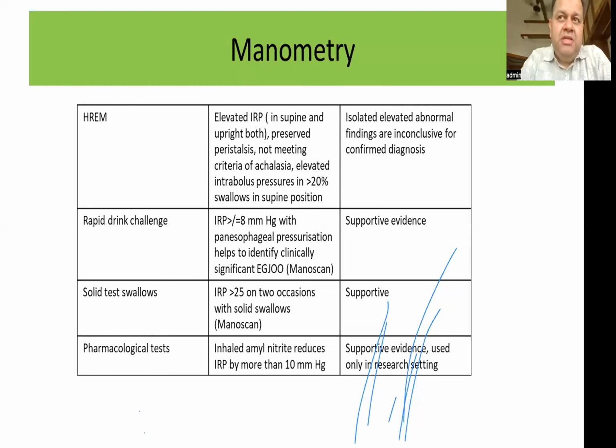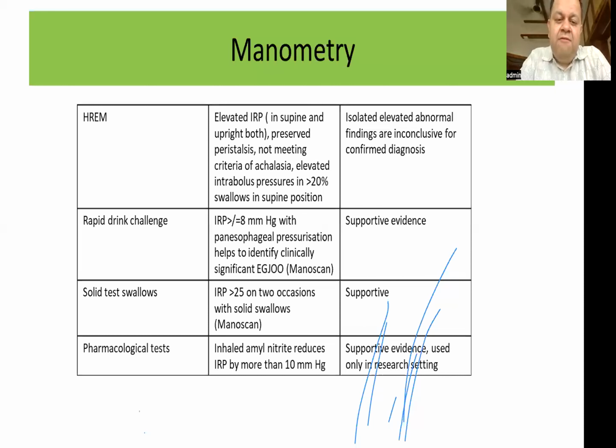Sometimes, if the patient is reporting dysphagia only to solids, we can do a solid test swallow in which we give the patient mini idlis or small pieces of breadcrumbs or even a biscuit, like a Parle-G biscuit, which helps us to determine whether there is any supportive evidence of abnormality of EGJ outflow obstruction.